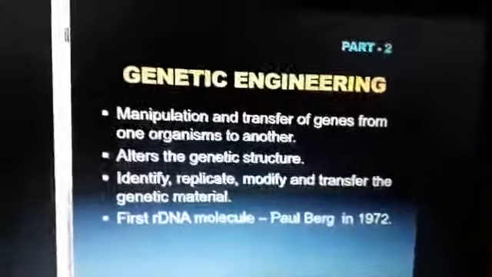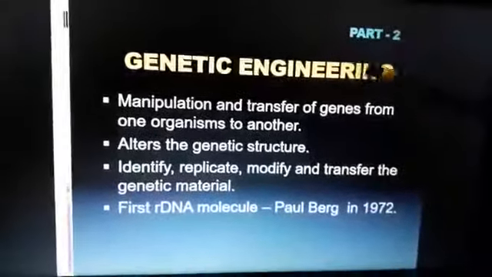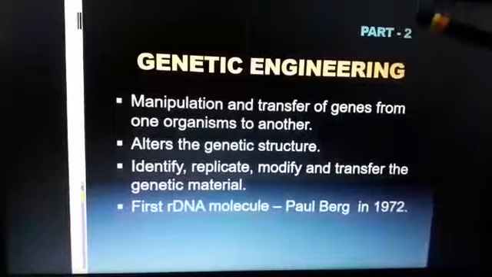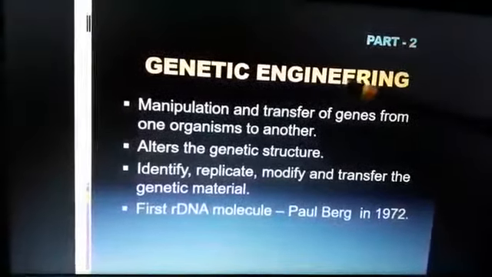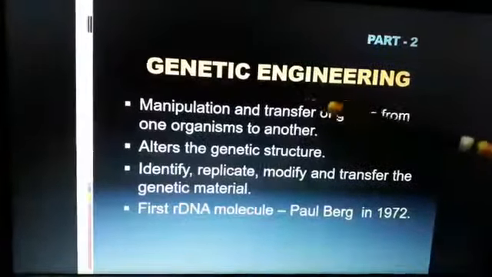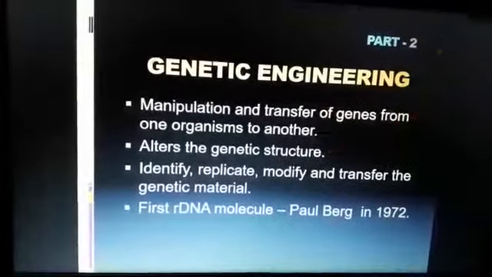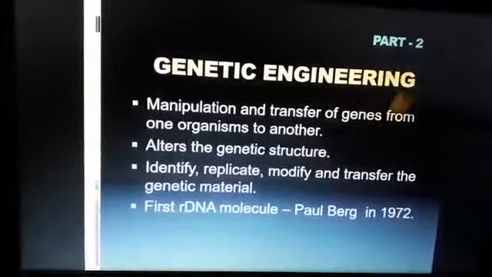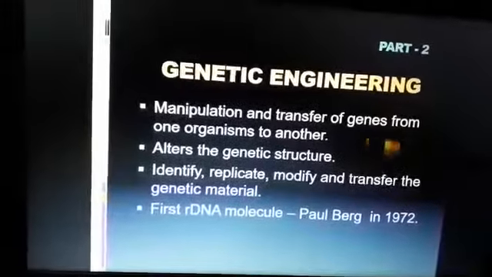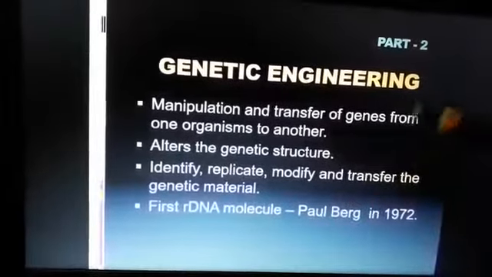The next topic is genetic engineering. The genetic engineering technique is used to manipulate and transfer genes from one organism to another organism to create a new DNA.